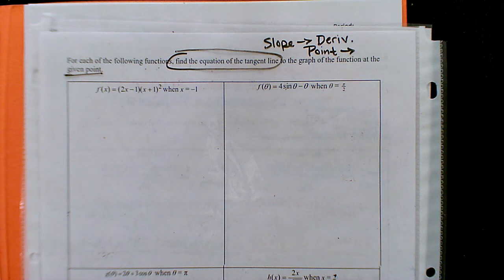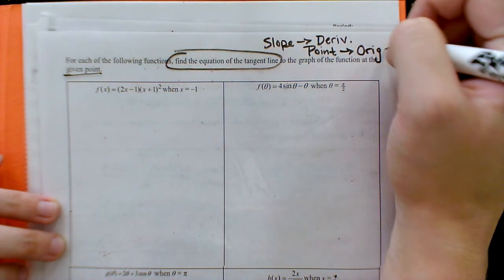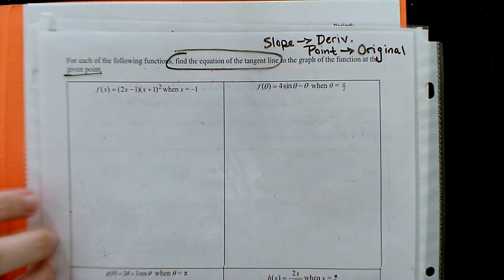Point value, aka y value, aka height. Where might the point come from? Yeah, the original, or f of x, whatever it's named. So we'll say original.